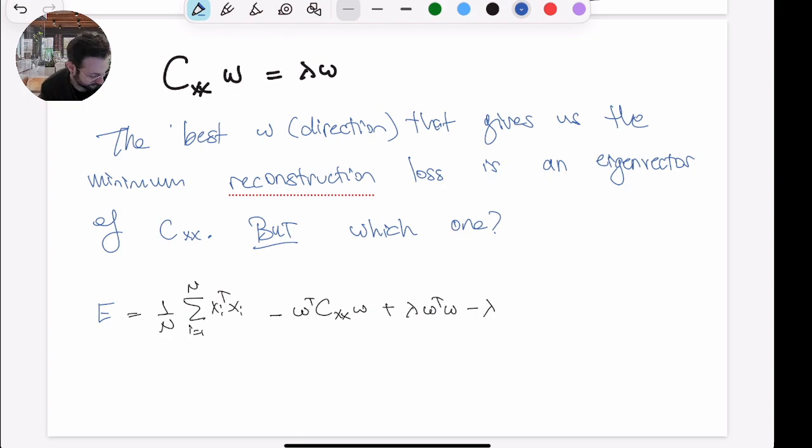And if I can right now replace this C_XX w, in the best case scenario C_XX w is equal to lambda w, right?